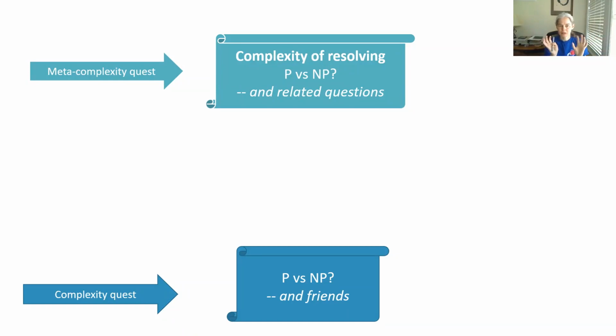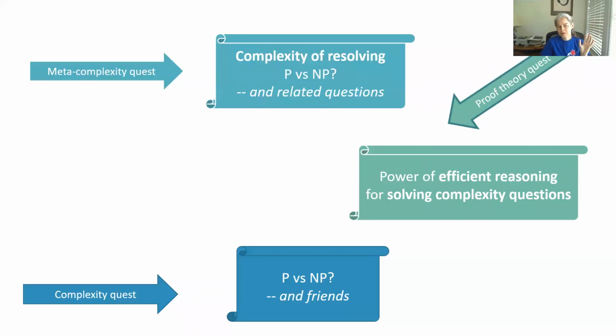Here, basically, the question that we are trying to study is, what is the complexity of reasoning? And I'll define it a bit more precisely. That's needed to resolve questions about complexity. Questions that we don't know how to solve, questions for which we have various barriers, but questions about complexity.